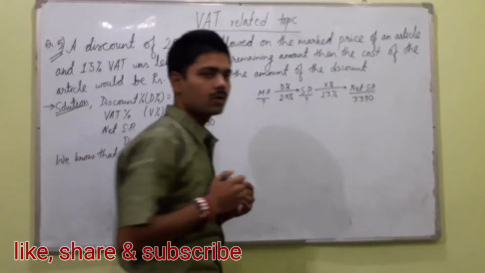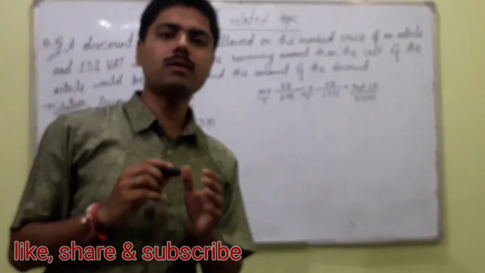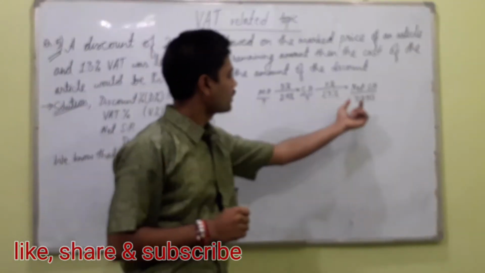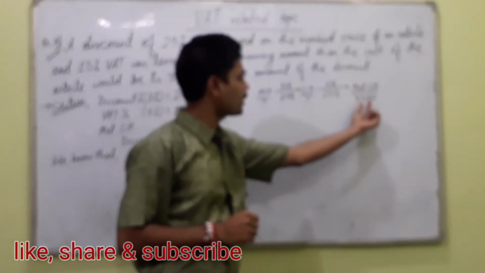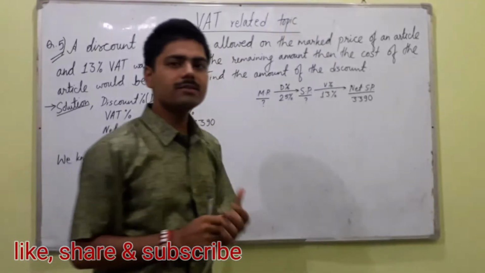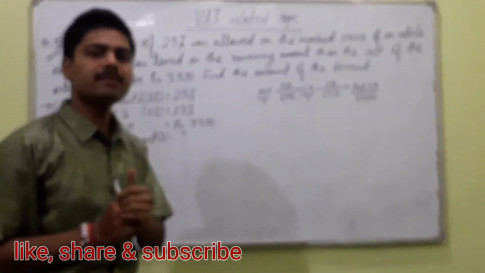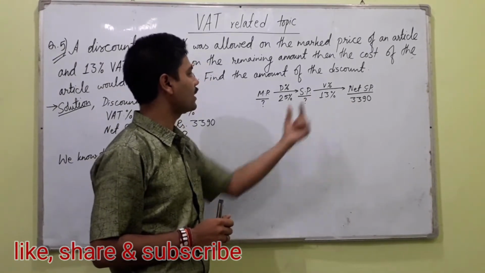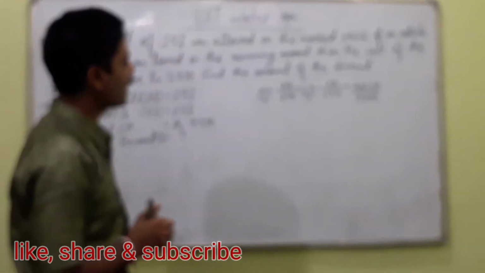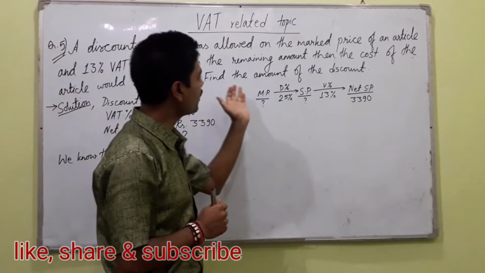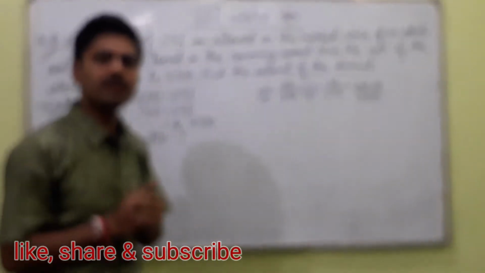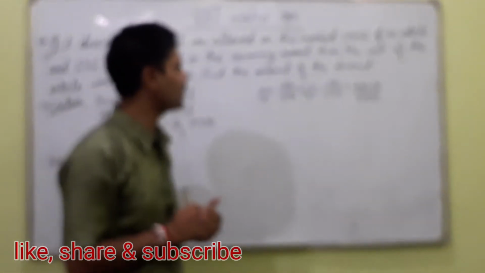3,390. So there must be a question in your mind that how I come to know that the amount 3,390 is the actual net selling price, and why I haven't written this amount just below selling price. How to identify whether the given amount is selling price or net selling price, because there is a difference between selling price and net selling price.